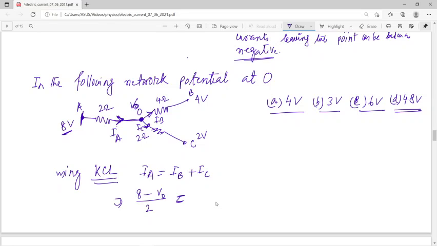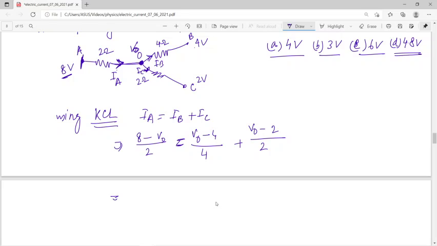For IB, the potential is VO and at B point the potential is 4, divided by 4 ohm, plus VO minus 2 divided by 2. If you solve it, you will get 16 minus 2 VO equals VO minus 4 plus 2 VO minus 4, and you will get the value of VO, which is 24 by 5, equals 4.8 volt.